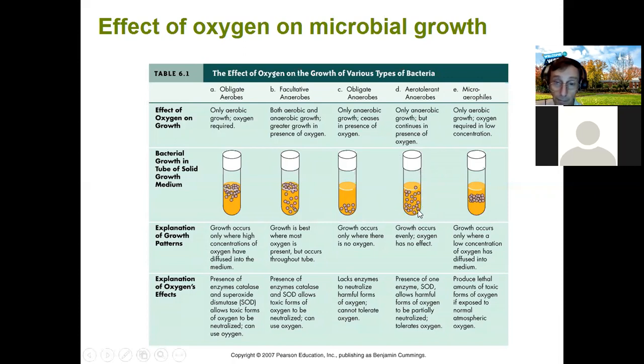And they have the enzymes they need to detoxify the toxic oxygen metabolites, and that would be things like free oxygen radicals. So aerotolerant anaerobes grow everywhere in the tube uniformly, meaning you'll see the same growth at the top as in the middle and the bottom of the tube. Any question about aerotolerant anaerobes?